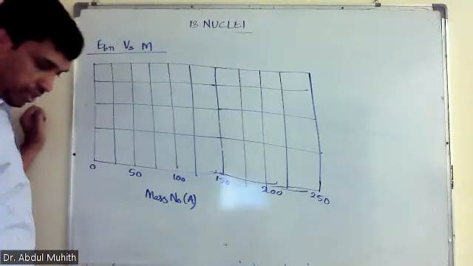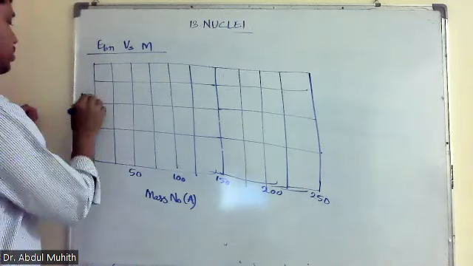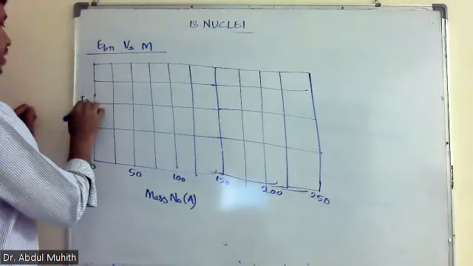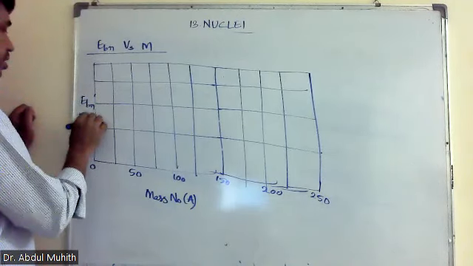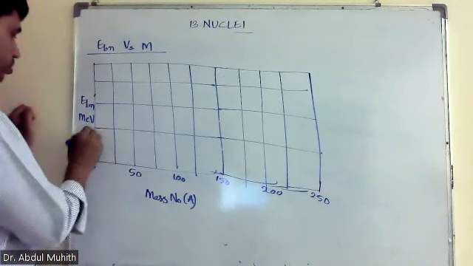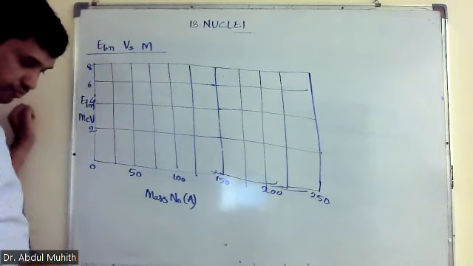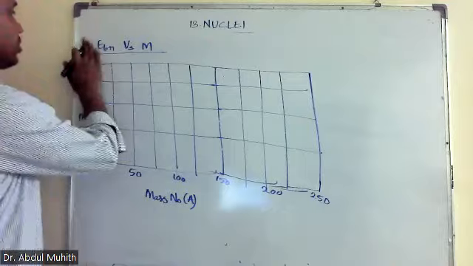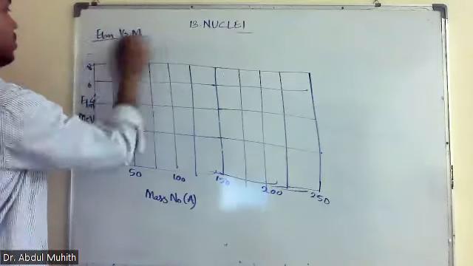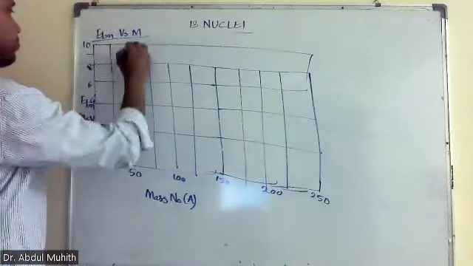The second axis is binding energy per nucleon, EBN, in MeV, million electron volts. So 0, 2, 4, 6, 8. EBN versus mass number. I'll take one more box here.